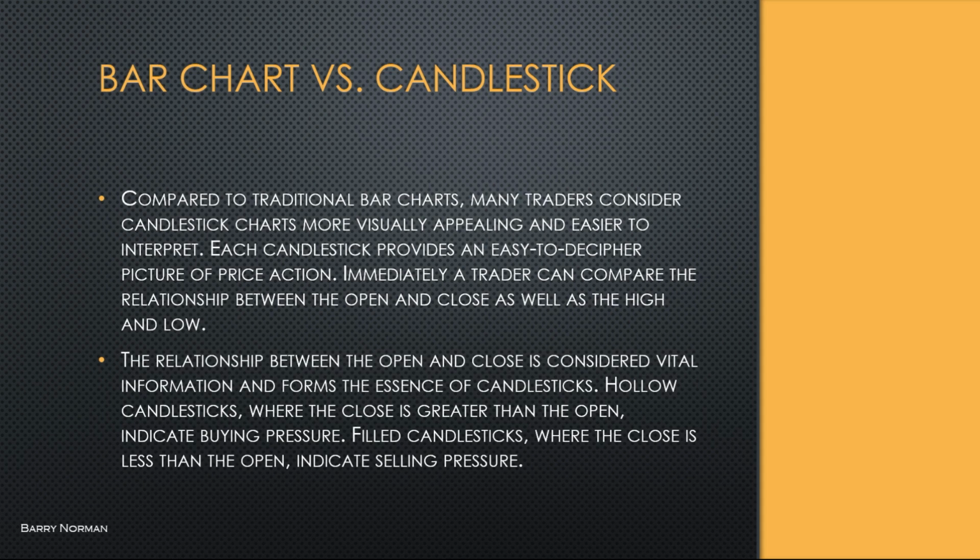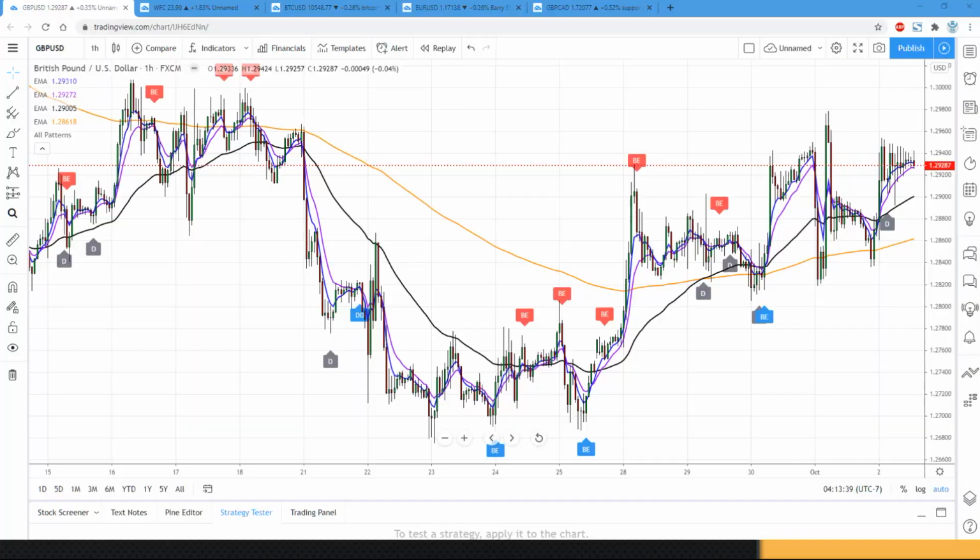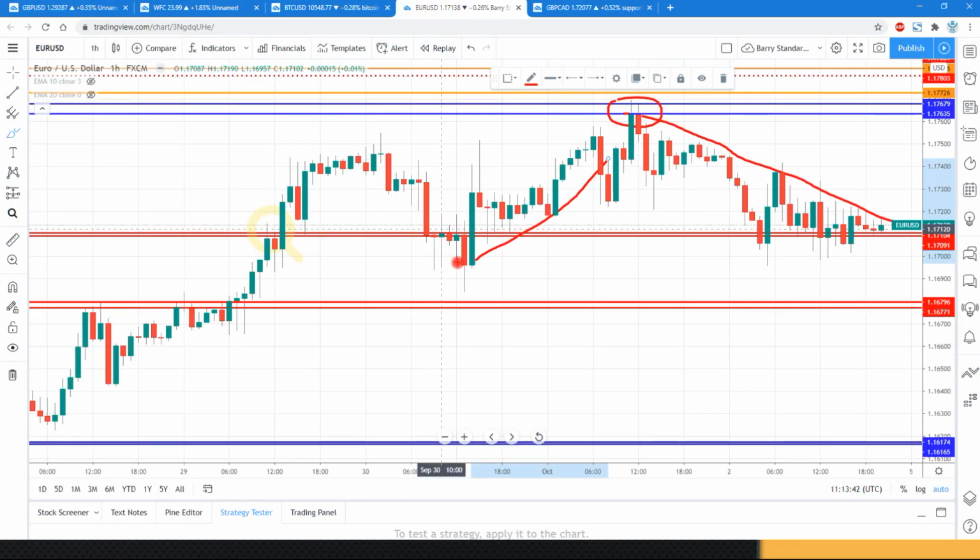So let's take a real quick look at a candlestick chart. We're going to go over to my Euro US dollar chart. Now this is my teaching chart, and what we're looking at is a candlestick chart.